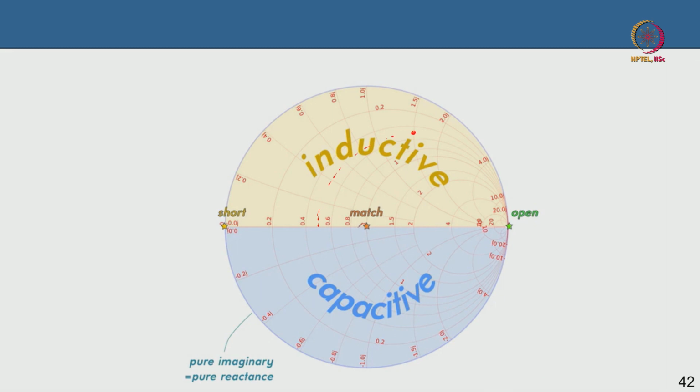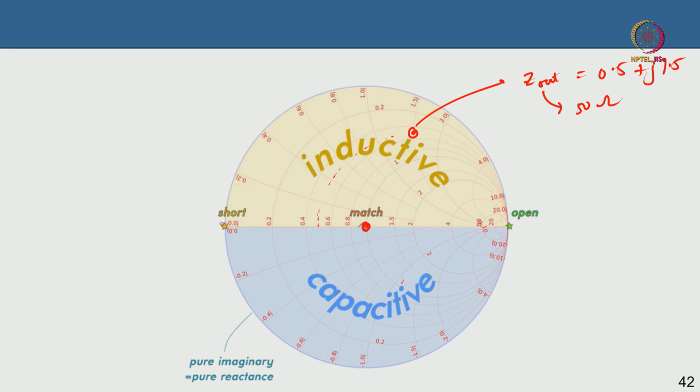So, I have this point which is, suppose, the output impedance of the device, 0.5 plus j1.5. I want it to be internally matched so that the output impedance becomes 50 ohm, so that I can tell a customer or some circuit designer, hey, look, I have made an internally matched transistor, that means the output is 50 ohm. So, I want to come from this point to this point here.